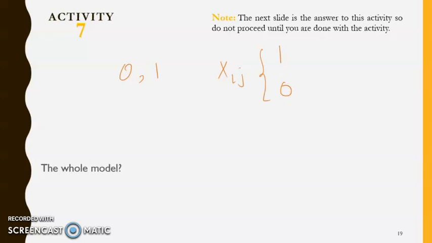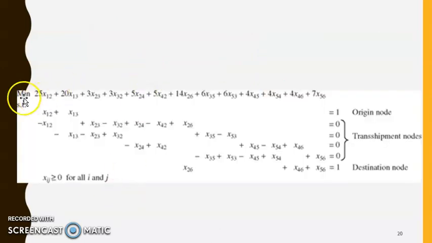You say they are either 1 or 0. So there is no need for non-negativity constraints when you are dealing with 0-1 variables and you define them well like this. So the whole model is this one. Here we have the objective function, and here we have the other constraints: origin, destination, and transshipment nodes.